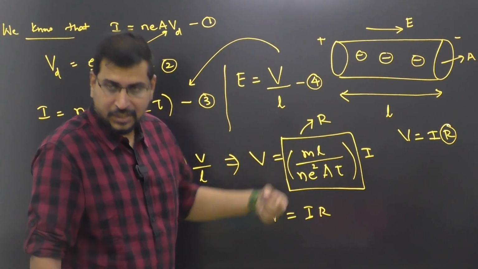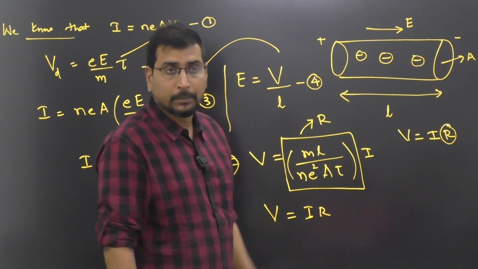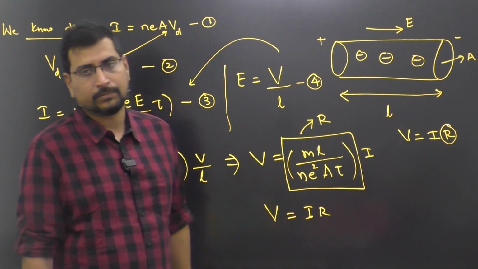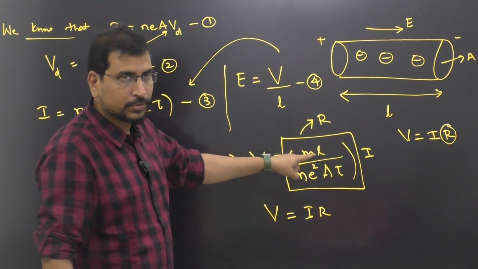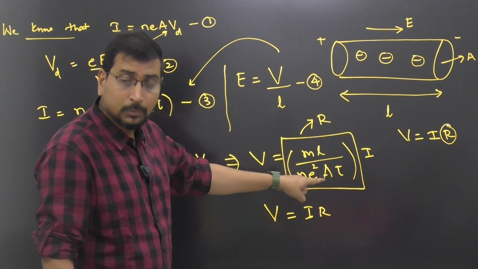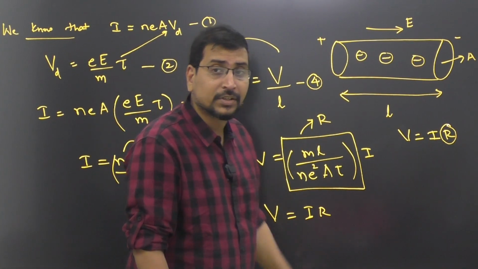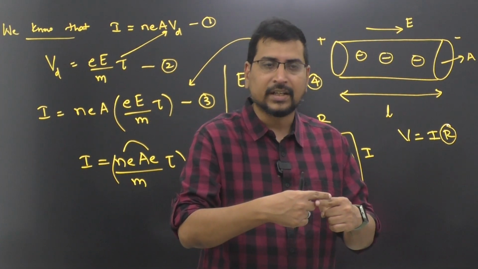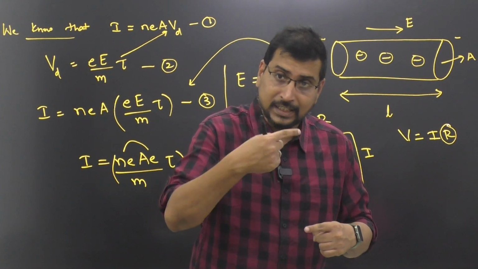When temperature changes, since conductors are metals, when you supply heat to it, they expand. So L will change. Similarly, what can change? A will change. And most importantly, the relaxation time will change. Because when you supply temperature, the kinetic energy of the particles will increase.